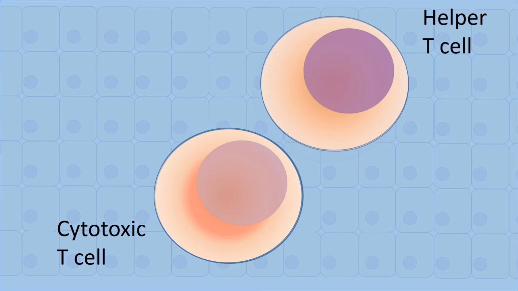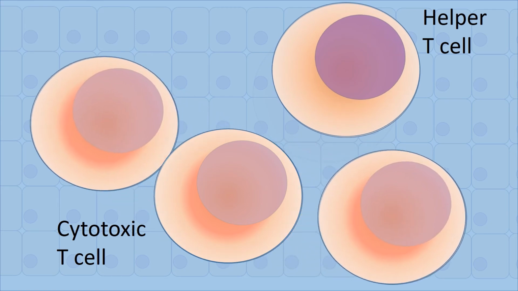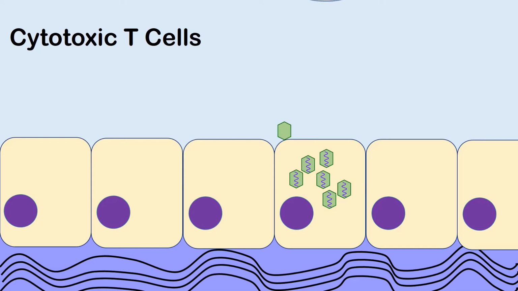So after a cytotoxic T cell has been activated from a helper T cell, it will divide. It will then start checking all of the cells in the body for the infection.